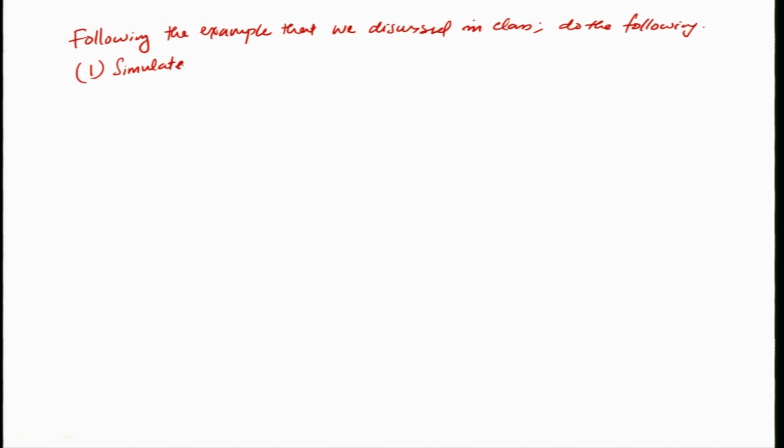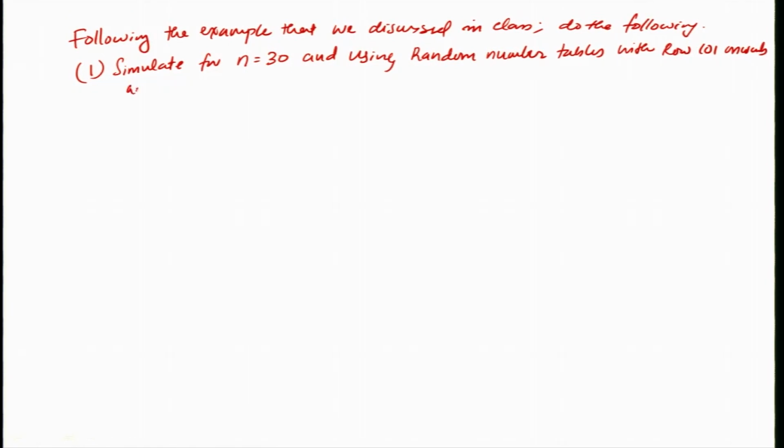Simulate for n equal to 30 using random number tables with row 101 onwards, and identify the average TBA, average service time, and average time in system.